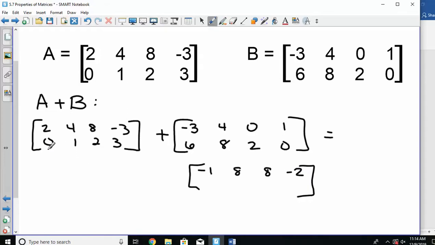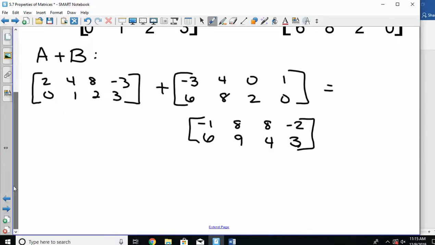Okay, going to row 2. 0 plus 6. 1 plus 8. 2 plus 2. And 3 plus 0. It's not 0, it is 3. Okay, so we could add matrices.